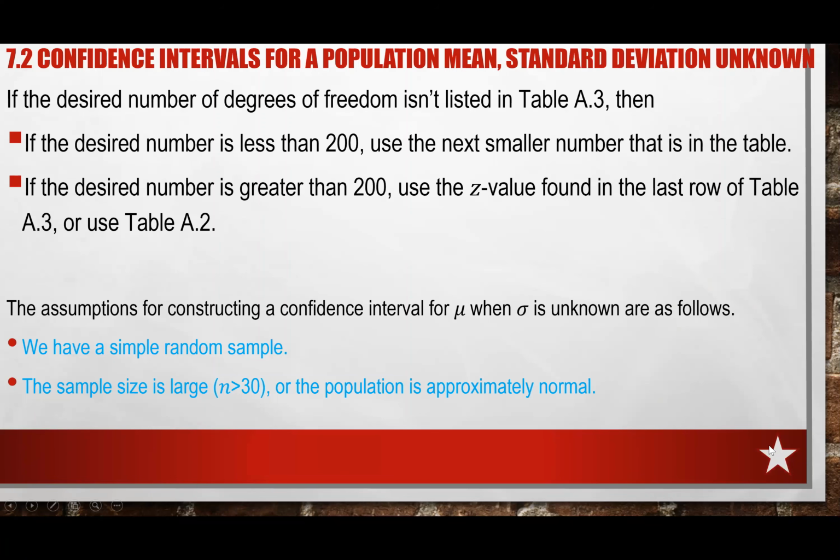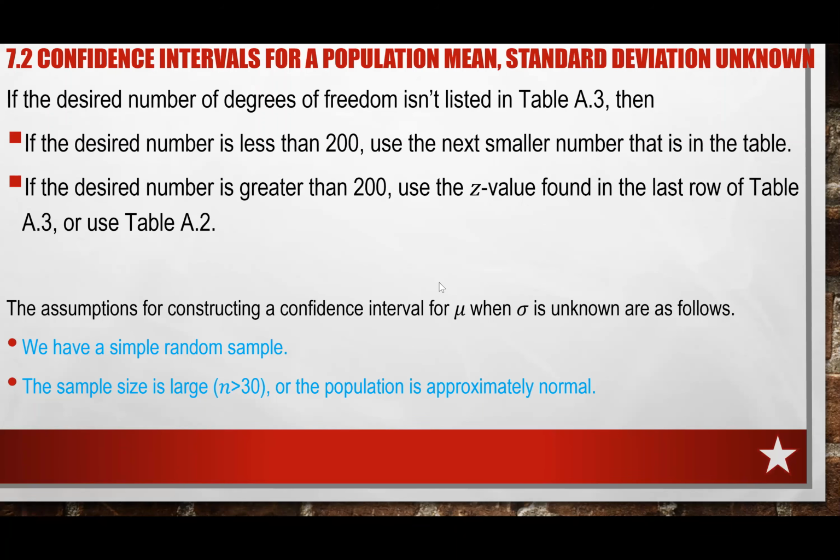And again, the reason is this idea: the more data that you get, right? The idea of this t distribution is, when the data is small, then it's flattened out. It's different from the standard normal curve. And if the data is larger than 200, then we assume that it becomes a standard normal, and that's why we're using the z value.